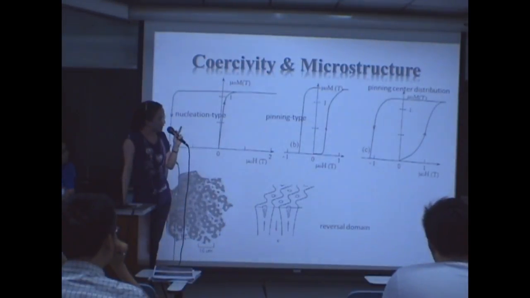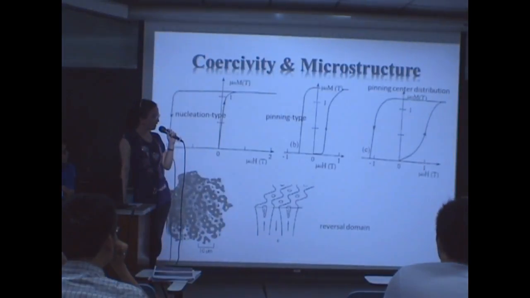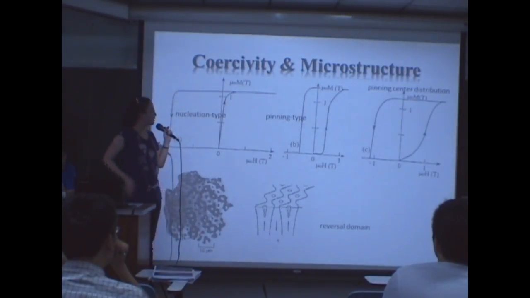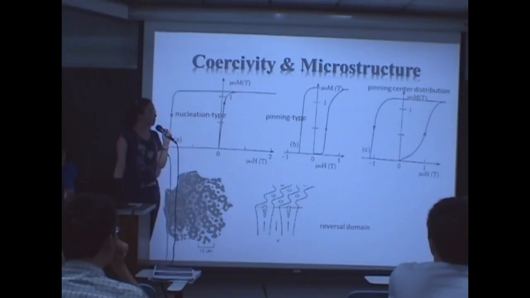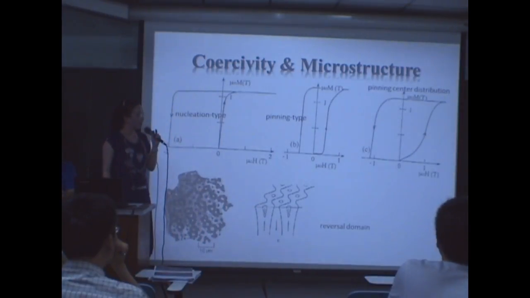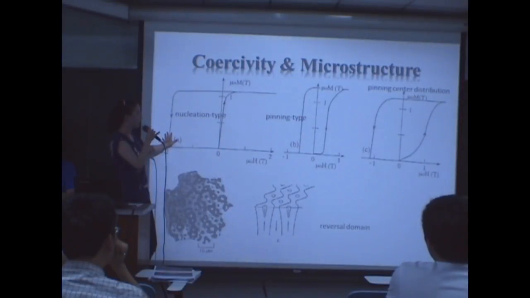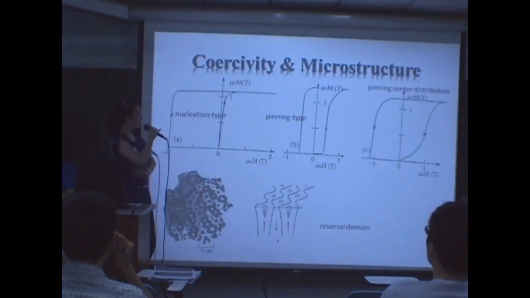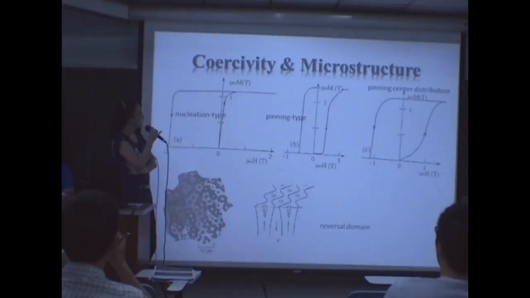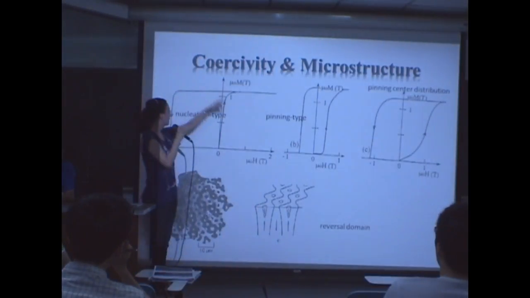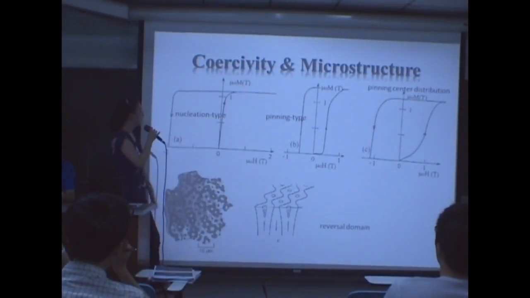And the third is the distribution of pinning centers, and it is just like the first one, except its pinning centers are much more numerous than in the depletion type. So the best and the highest coercivity is number one, the depletion type, because we can see the hysteresis loop is largest here.